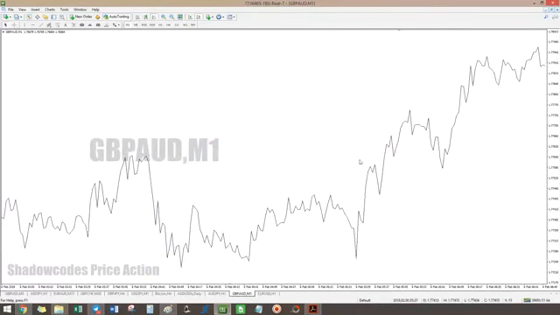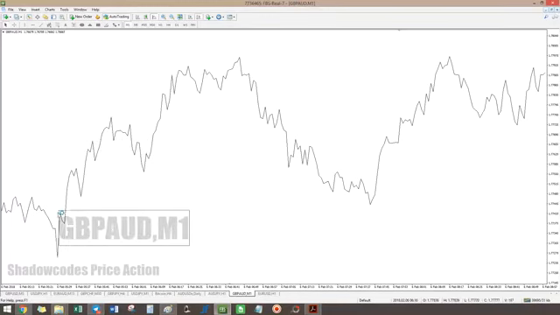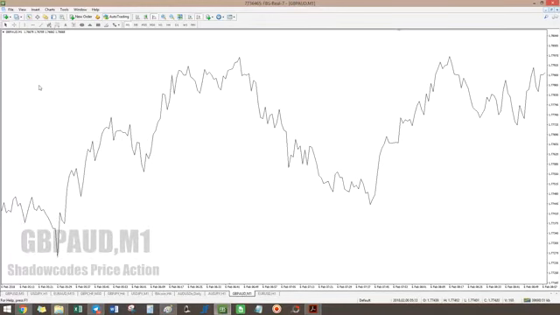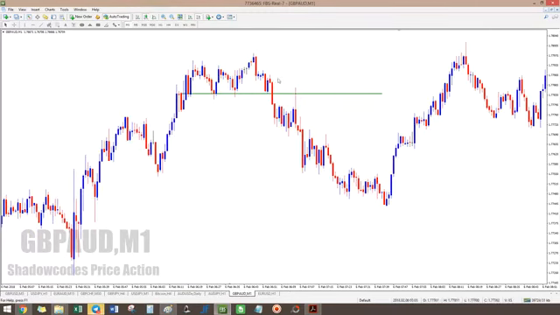So let's see the lower time frame. For example, we take it here. Support, breakout. Let's see. Yes, we have an entry here.